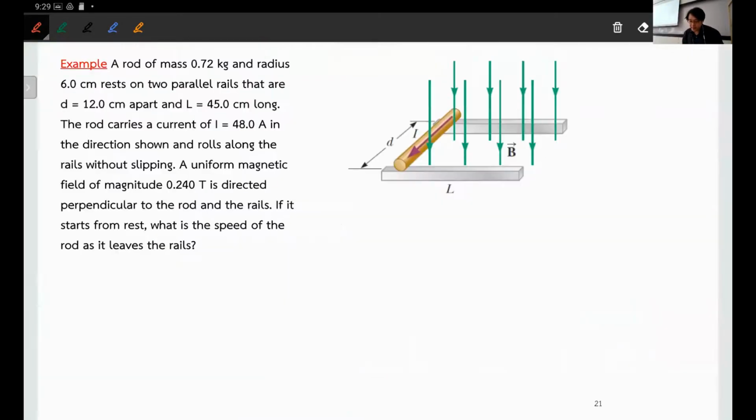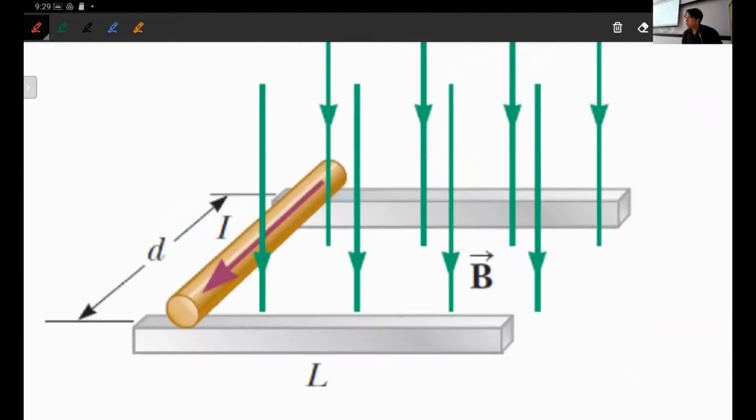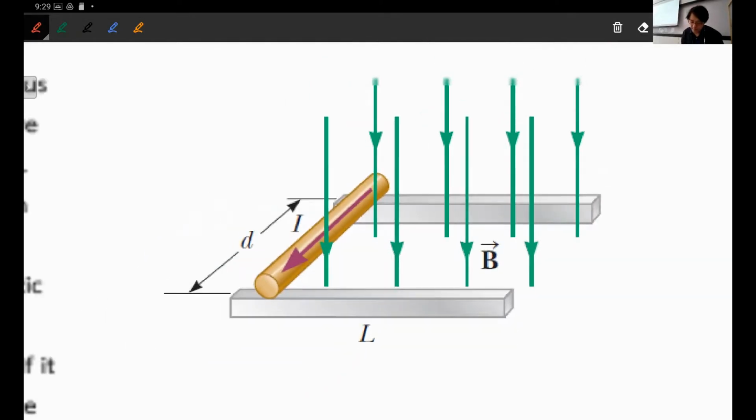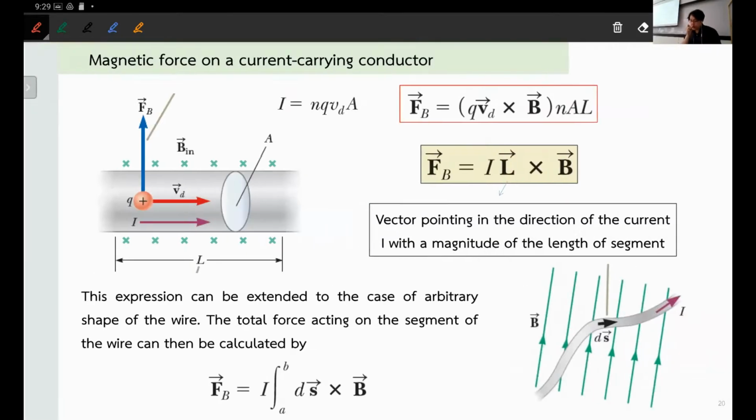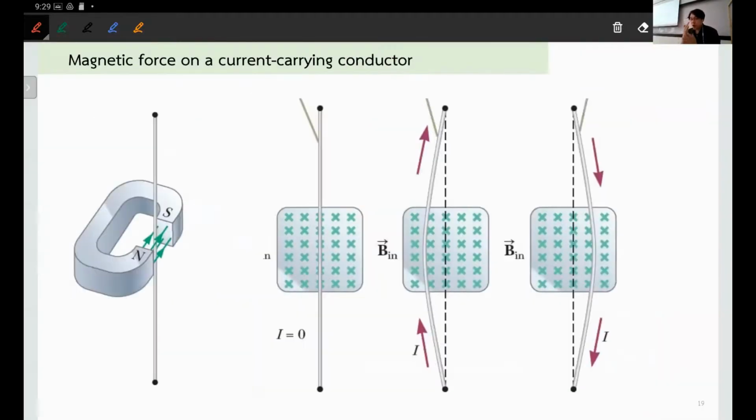Something like this. This is the problem that you saw before, the one where you determine the direction of the magnetic field. And these three pages allow you to calculate the force, not on a charged particle, but on an electrical wire, because these two are practically the same thing.